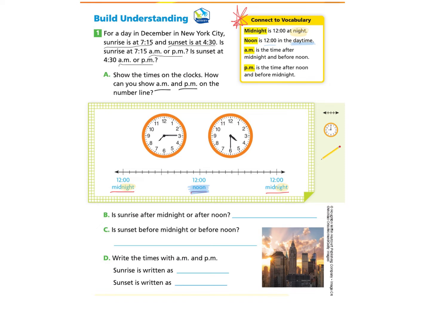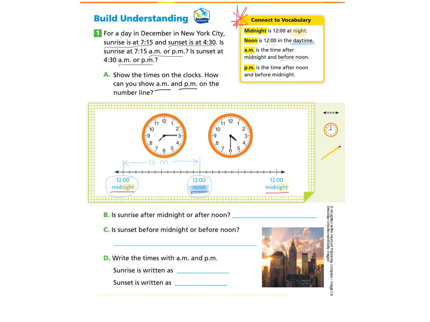Okay, the other vocabulary we are learning, the first part is AM, which is the time after midnight and before noon. So right after midnight, we have AM, and then right before noon is the time of AM. So we could draw two lines here with arrows that say this is the time for AM.